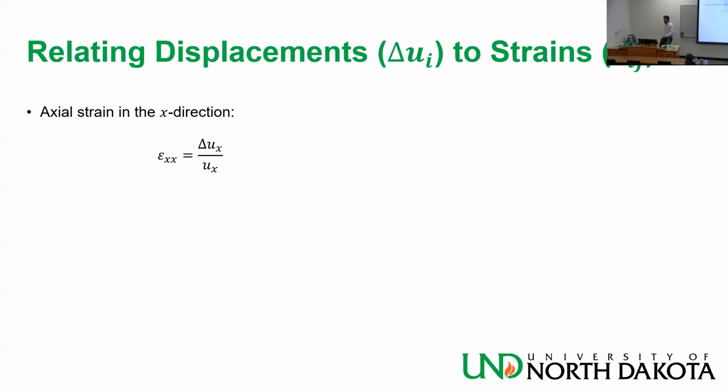Let me make it clearer by showing you this schematic. I was ux in this direction, long, ux feet, let's say. I apply a certain stress, and it became ux plus delta ux.